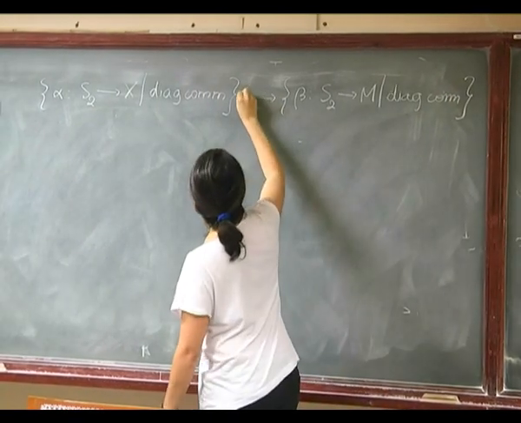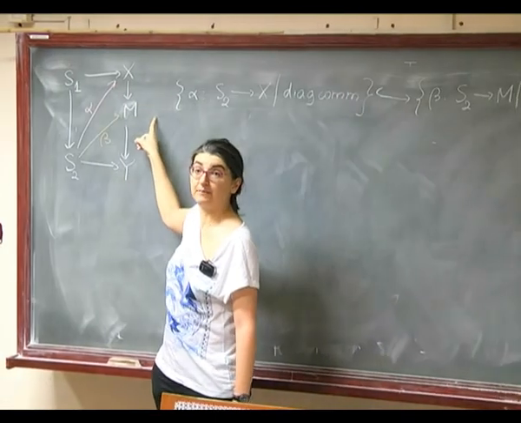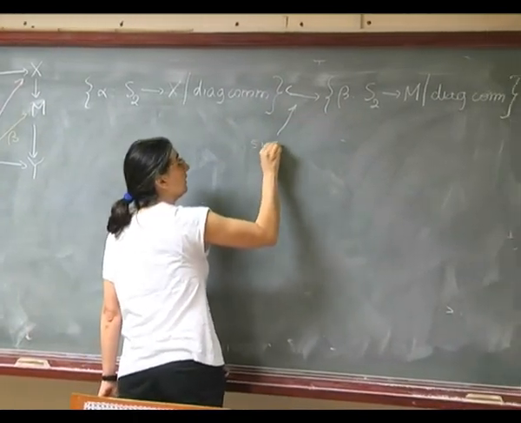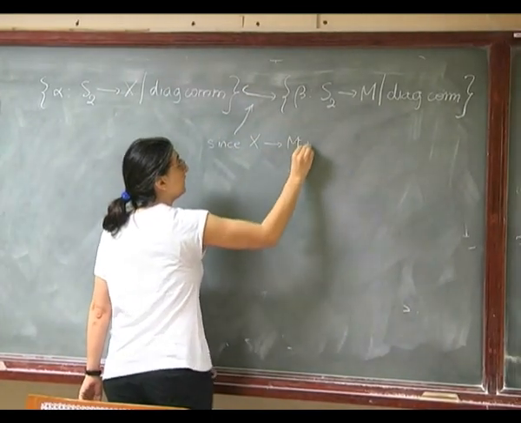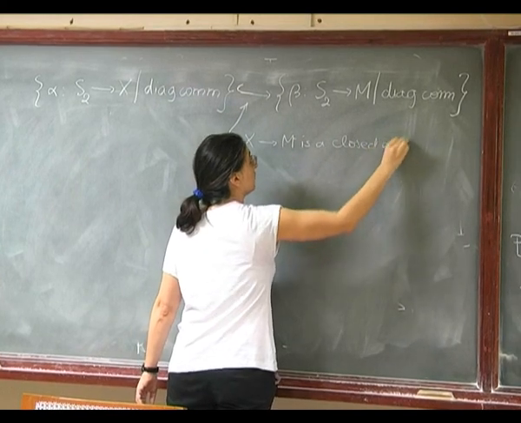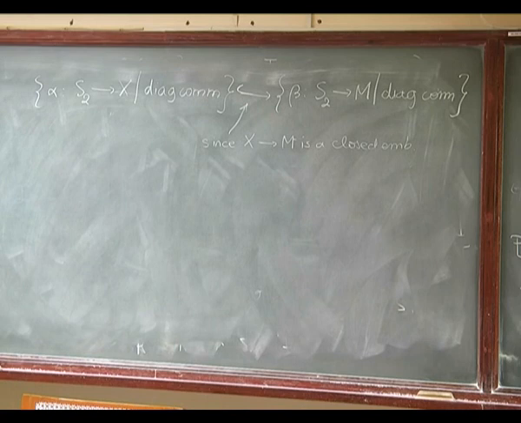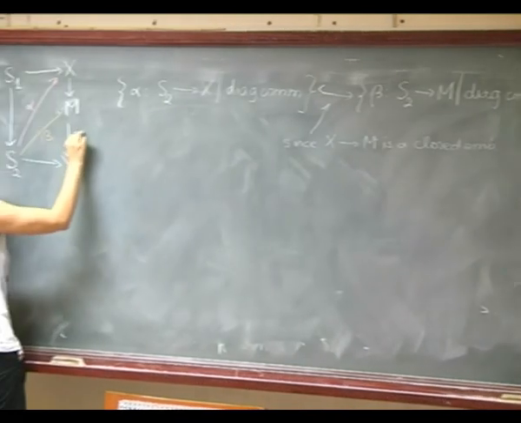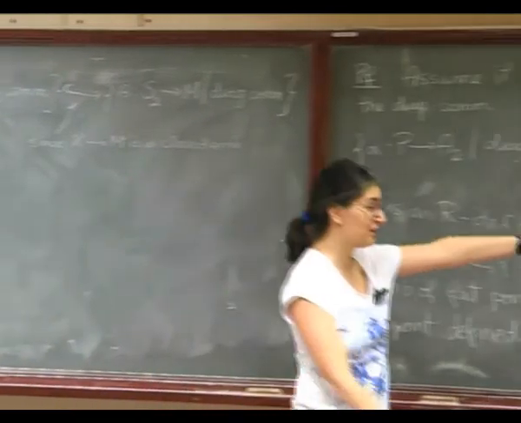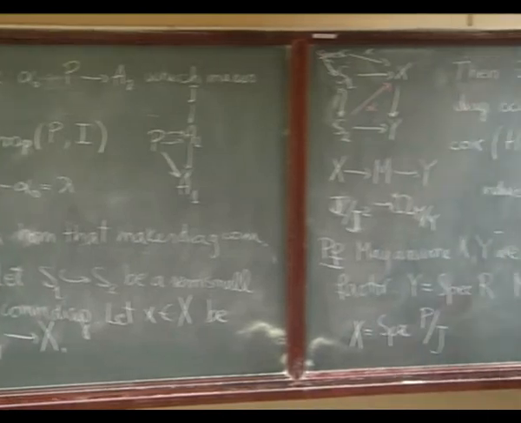But in fact, this map is injective because X to M is a closed embedding by assumption. M to Y is smooth, exactly. Well, it's even better than that. It's not just smooth. I'm assuming that I've decided to use my complete freedom and have a product.